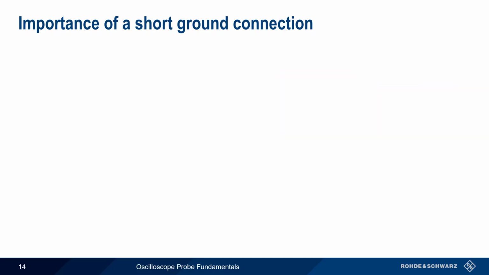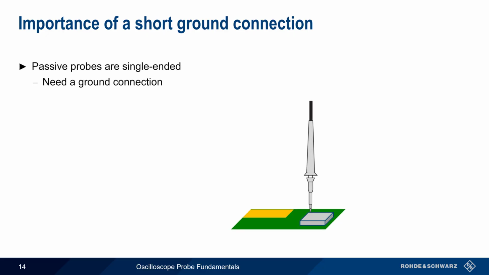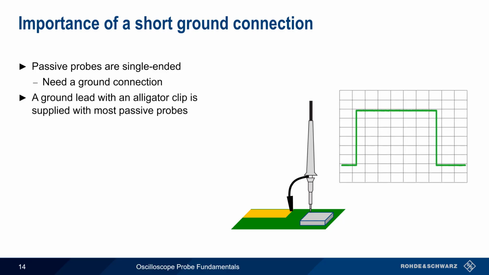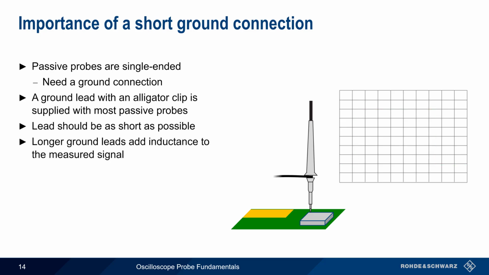One last thing to keep in mind about passive probes is that they are single-ended. That is, they measure voltage with respect to ground. This ground connection is usually made via a ground lead attached to the probe body on one end and to ground on the other, often by means of an alligator-style clip. It's important to keep this lead as short as possible, since longer ground leads add inductance to the measured signal.